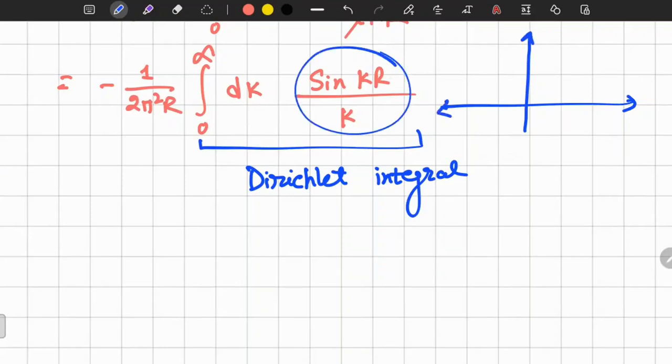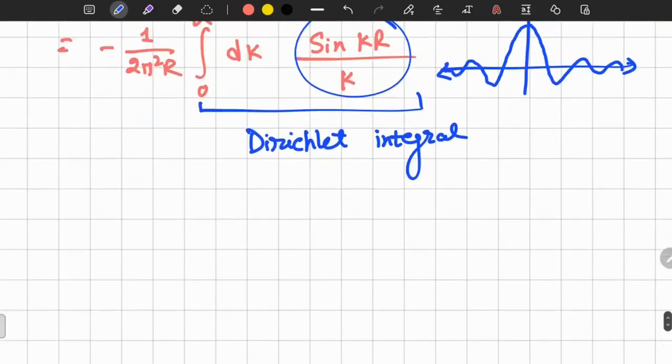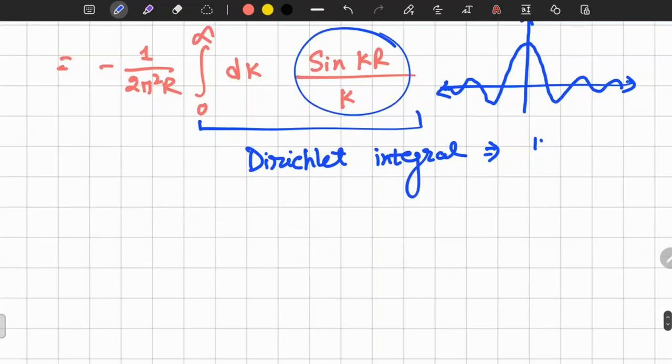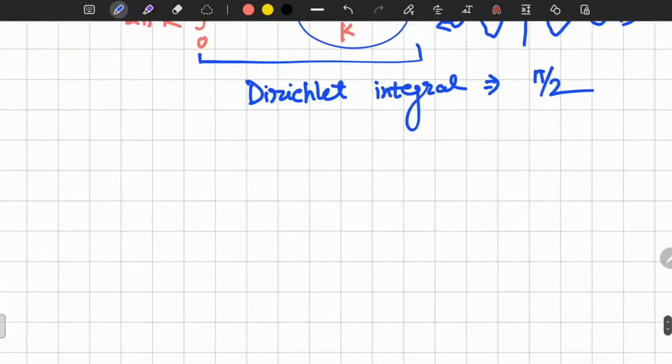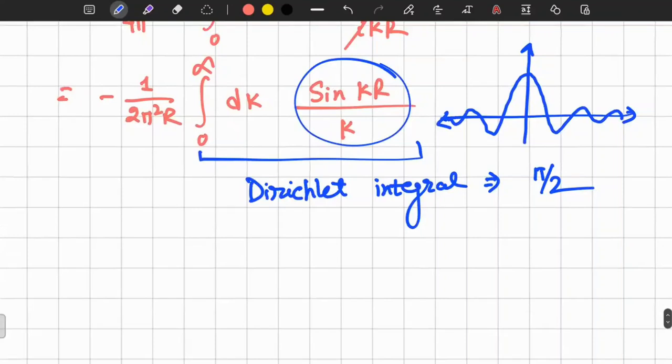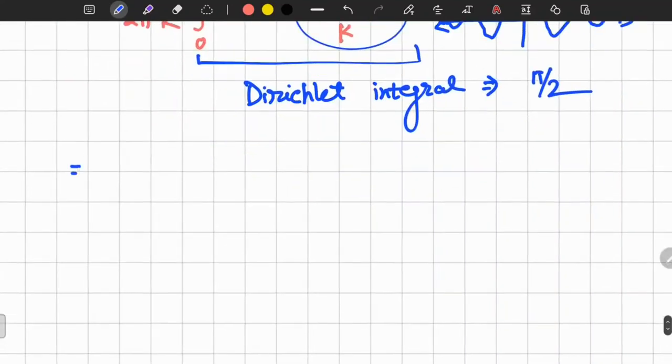This function sine kr by r, where k is the variable. We can say this function is, in this way, a symmetric function. But this integral value is pi by 2. But now I would like to show how this integral value is pi by 2. If we use this value, then essentially we have the answer.